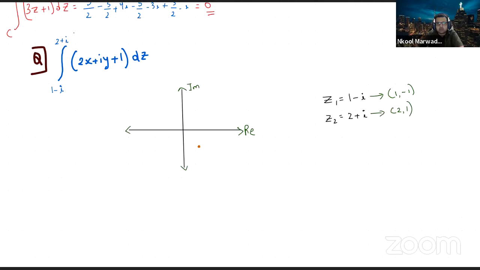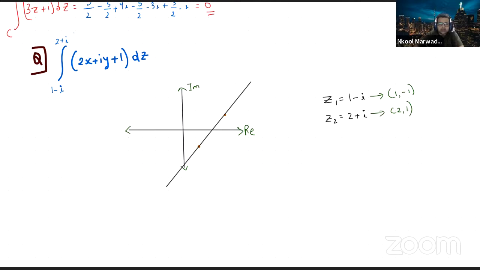And x is 2 and y is 1. Now I can join these two to get a straight line. So this is the straight line passing through those two points.